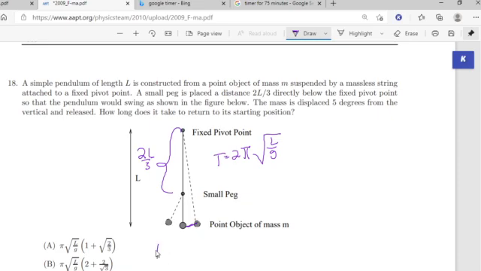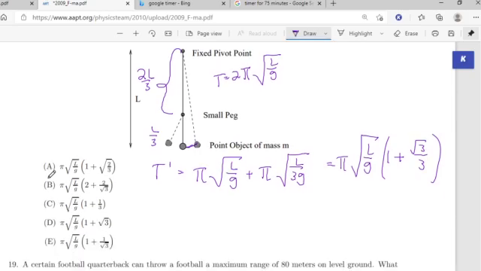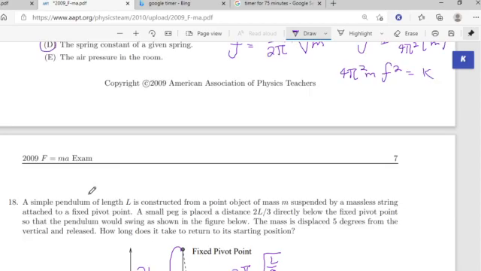So then the new period would actually just be pi times root L over g plus pi times, this is L over 3, so root L over 3g, which is then just pi times root L over g times the quantity of 1/3 plus 1 over root 3, or root 3 over 3, which actually I didn't need to rationalize, but it is E. Okay, not bad.